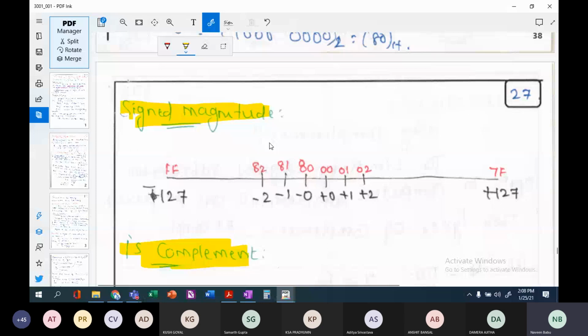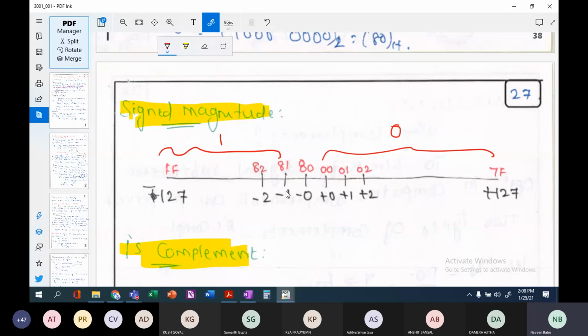The advantage of a signed magnitude representation is that for positive and negative numbers the binary bits will be the same, and the only difference is in their first MSB bit. For positive numbers, the MSB bit will be 0. For negative numbers, the MSB bit will be 1. Otherwise, all the rest of the bits will be the same.